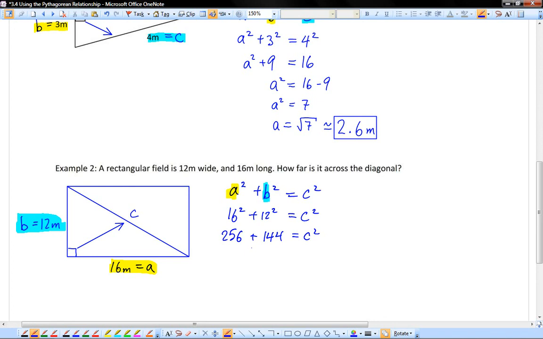And so this gives me 256 plus 144 is equal to 400. And that's c squared. So to get c, I'm going to take the square root of 400, which is equal to 20 meters. And that is the distance across the diagonal.